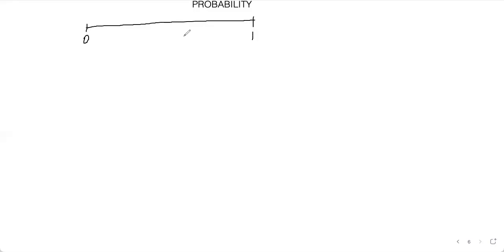In this range we have three possible values for an event, that is equal to 0, between 0 and 1, and equal to 1. So let us represent these three values with the help of three different events, that is A, B, and C.